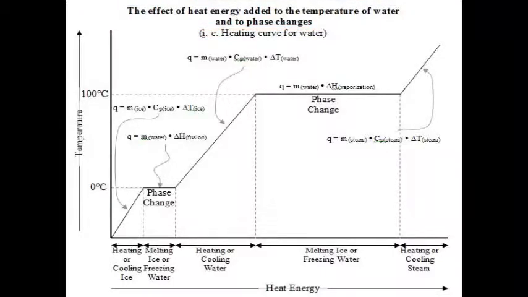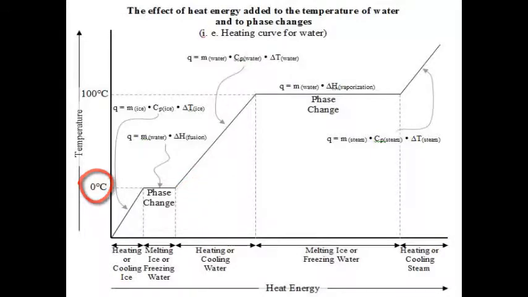So if we start out with water as a solid, frozen, somewhere below 0 degrees C, you add heat to it, you're going to heat up the ice. We don't think about heating up ice very much, but ice heats up. If it's below 0, it can heat up to 0. Once you reach 0, you can't have ice above 0 degrees C, at least theoretically speaking.